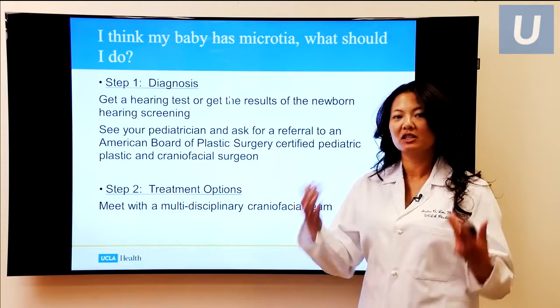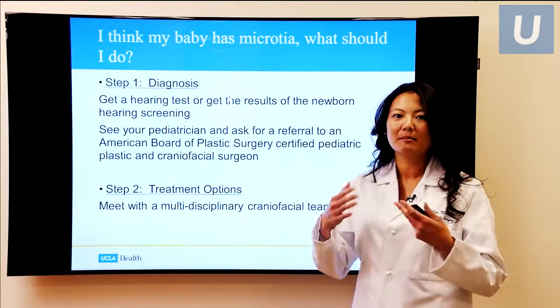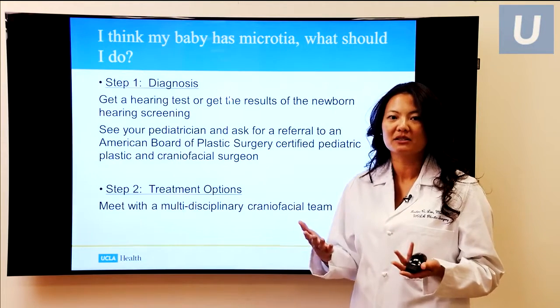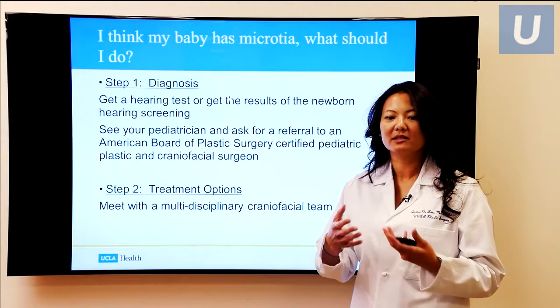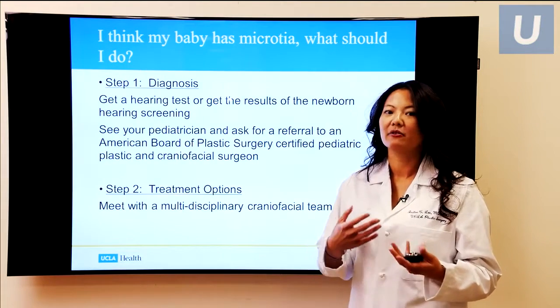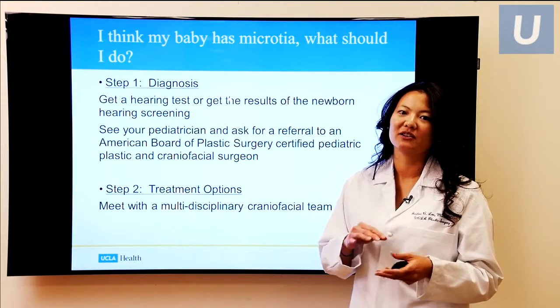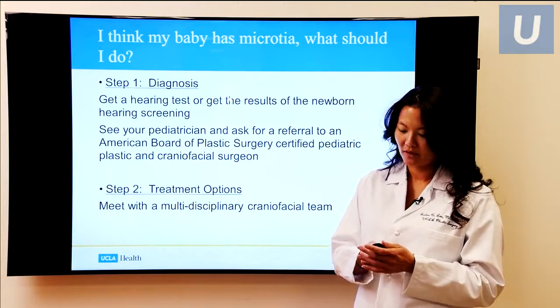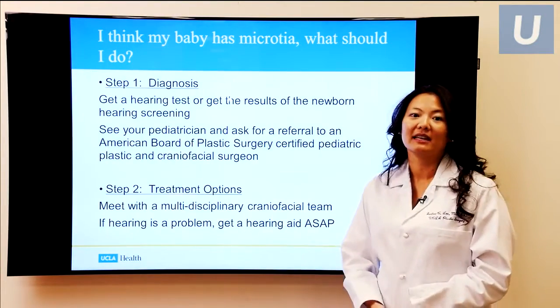So there's a huge team of specialists that will see your child and give you a combined recommendation on what your child needs. And this is really important when we're talking about craniofacial anomalies that go beyond just the external ear, just shape issues. And if hearing is a problem, definitely get a hearing aid ASAP.